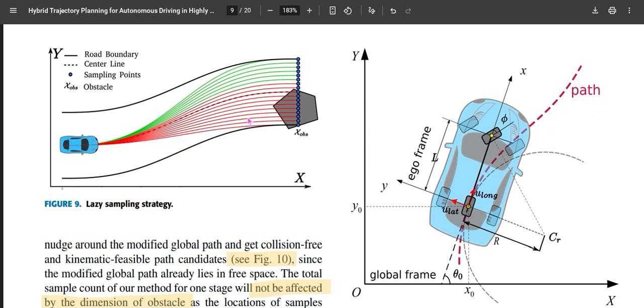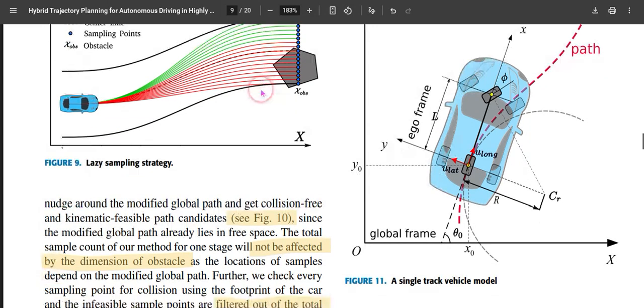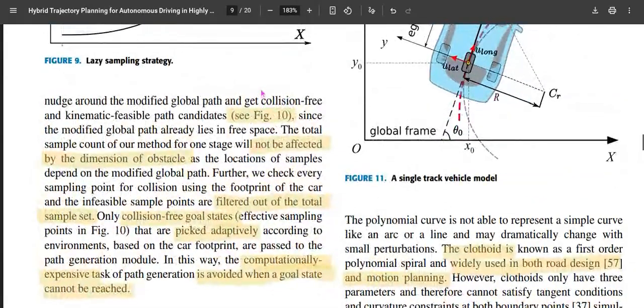But in a tightly constrained environment, we don't know how many trajectories we need to generate dynamically in order to identify a path which is collision-free. So if we have a fixed number, as determined earlier, like this along the red zone, it is highly impossible to generate a path. Then again, dynamically we have to generate additional paths in order to identify the collision-free paths. So this gives unnecessary computational overhead during the real-time process.